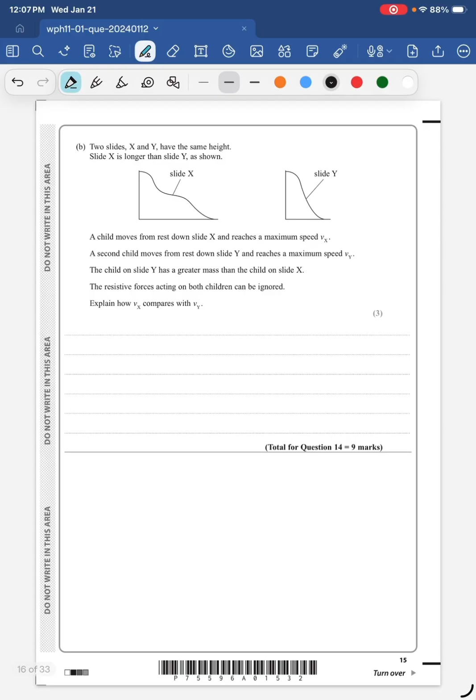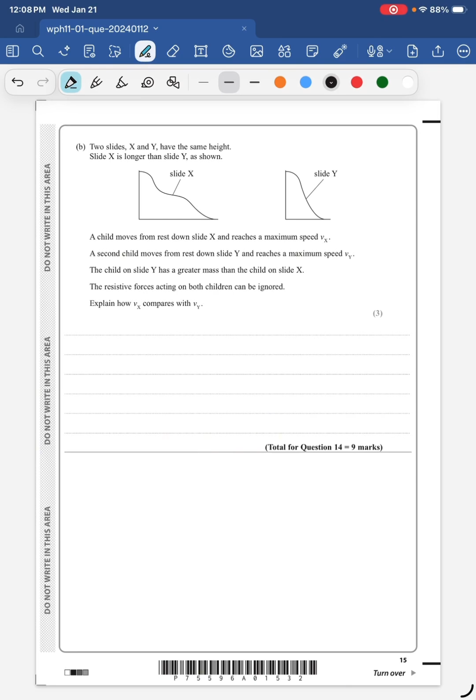Okay. Part B. Two slides, X and Y, have the same height. Slide X is longer than slide Y as shown. A child moves from rest down slide X and reaches a maximum speed Vx. A second child moves from rest down slide Y and reaches a maximum speed Vy.